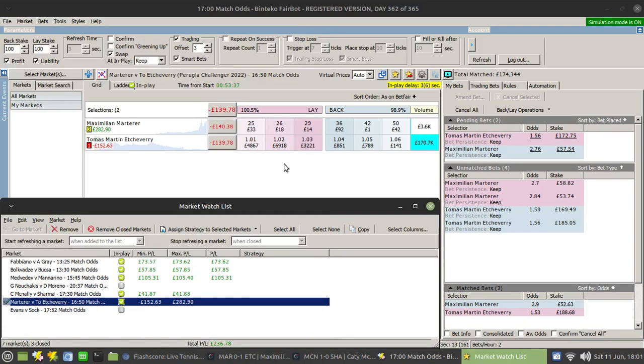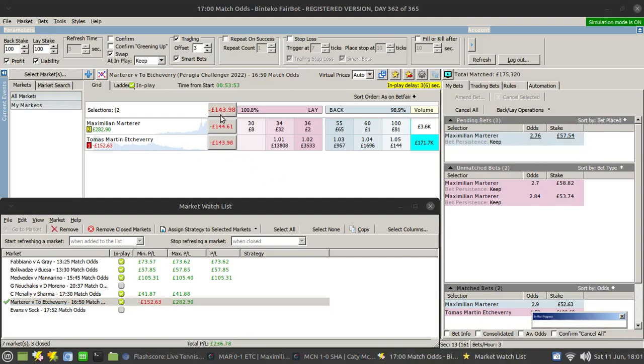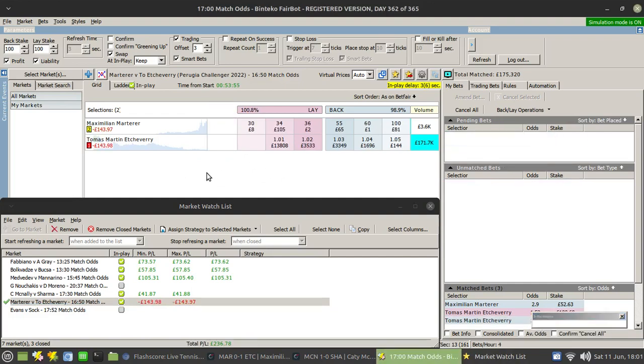If I was monitoring this, I probably would have got out at the beginning of the second set or the end of the first, or if it hits sort of a minus 100, red up. This one just hasn't gone my way, so we'll just green out or red out for that to guarantee the loss.